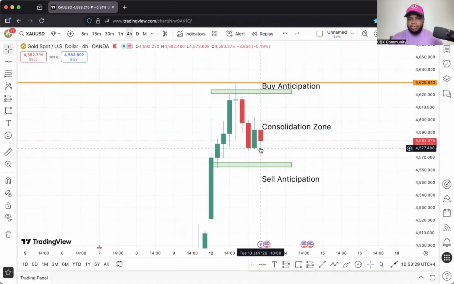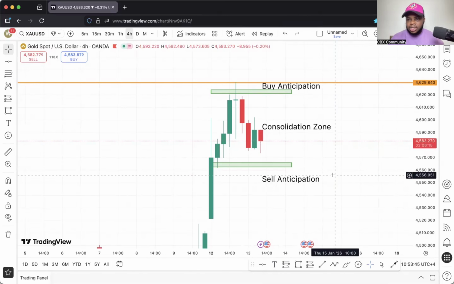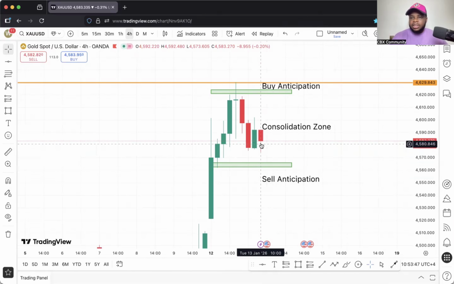So as you can see the formation of the candle, it came down. So we don't know if this candle wants to continue to break its high to close with a bullish candle or close with a rejection bearish candle. So we don't know, since this 4 hours candle is left with 3 hours before it will close.